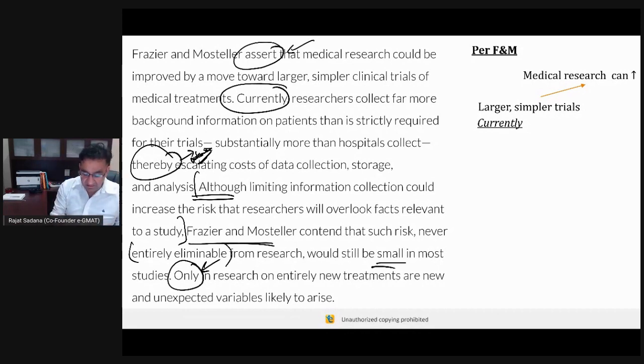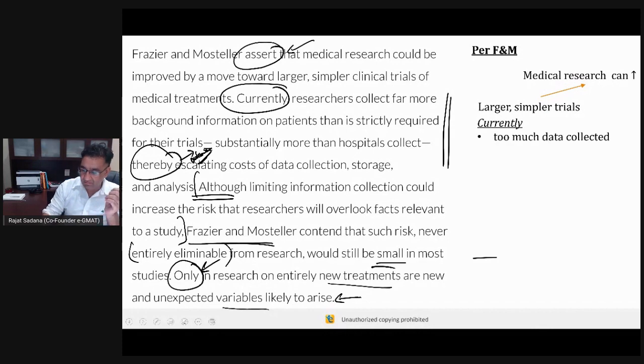Only in research on entirely new treatments are new and unexpected variables expected to arise. So what the author is saying is, hey, you can limit information collection, you can go towards larger, simpler clinical trials, and this is the current scenario where there's too much data collected.